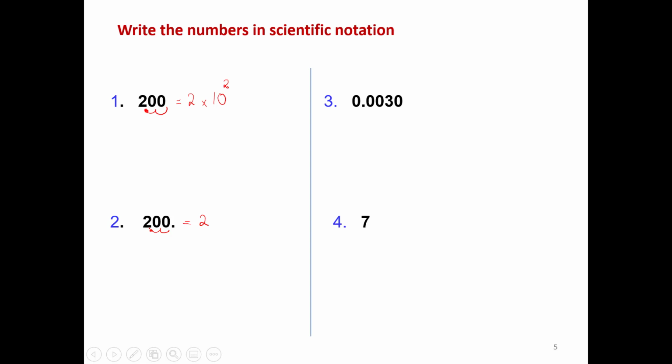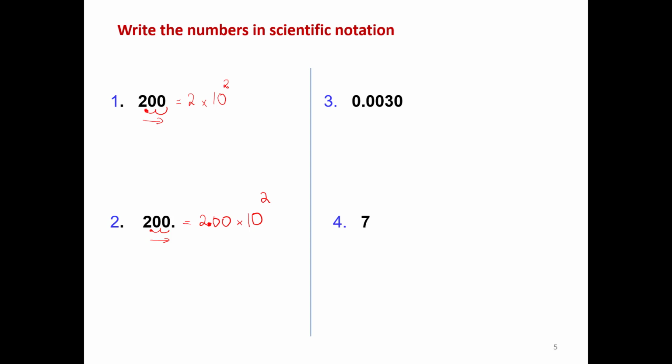And in this case, how many significant digits did we have? 1, 2, 3. Then here we must have 3 significant digits, but we need this number between 1 and 10. Then it's 2.00 times 10 to the power, and 1, 2, 2. We move to the right.